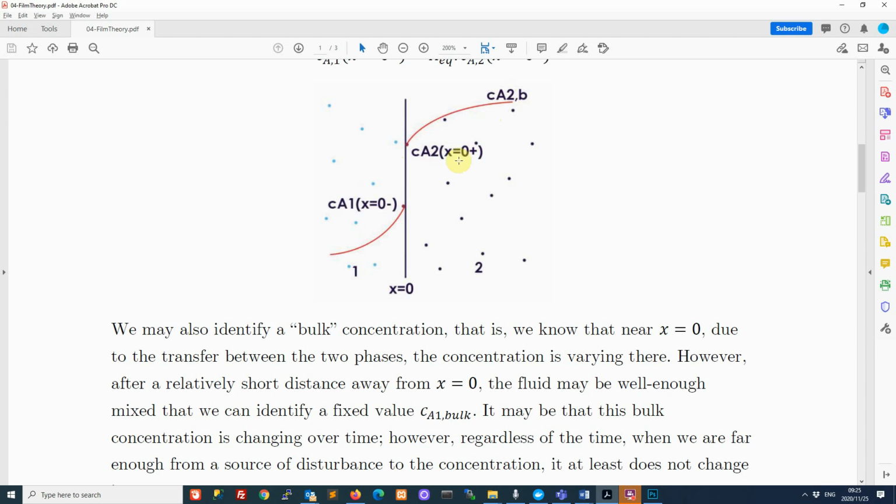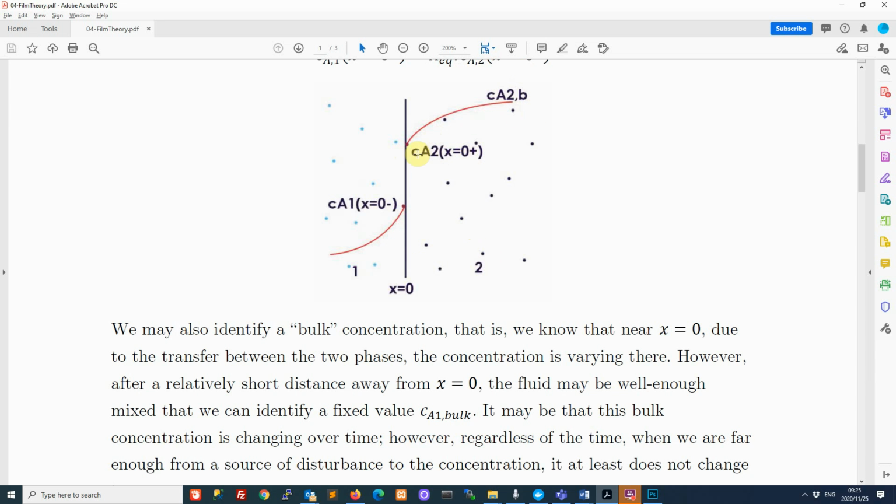Maybe this compartment is 1 meter long, and this only happens over a space of perhaps millimeters. Then we say, I don't want to spend so much of my modeling effort and computational expense just on capturing this little film here. And in fact, I've revealed the name. We think of this as a little film where all this concentration difference is occurring. All the difference is in this little zone.